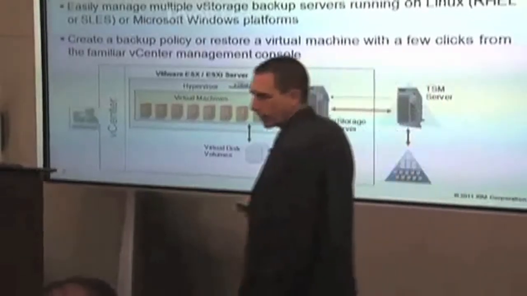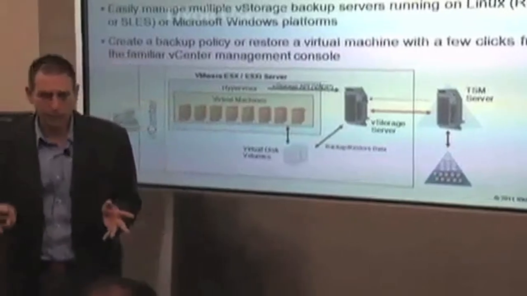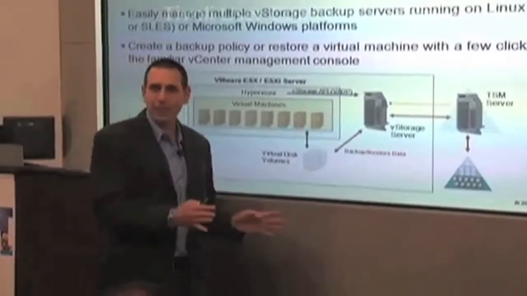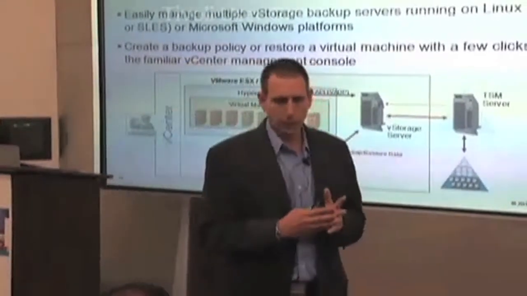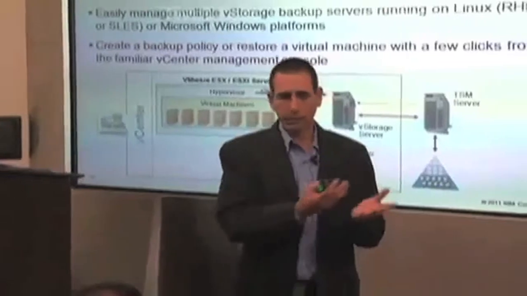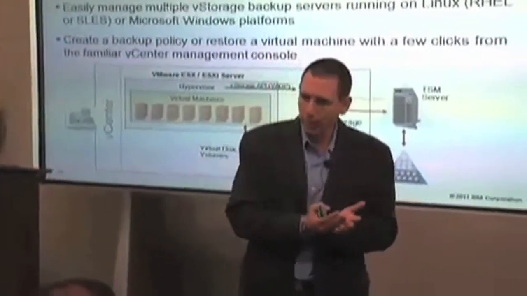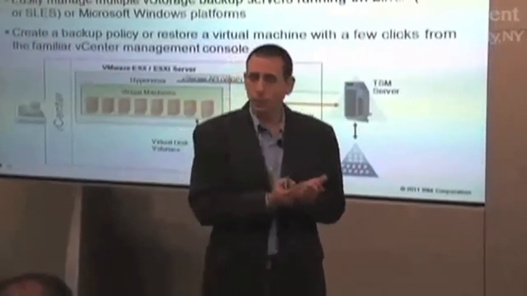So TSM for VE is specifically focusing on VMware environments. VMware defined X, right? x86. And what this bullet point talks about is, in a VMware environment, there's a notion of the data mover, the proxy server, the vStorage backup server, and with TSM for VE 6.2, it had to run on Windows.